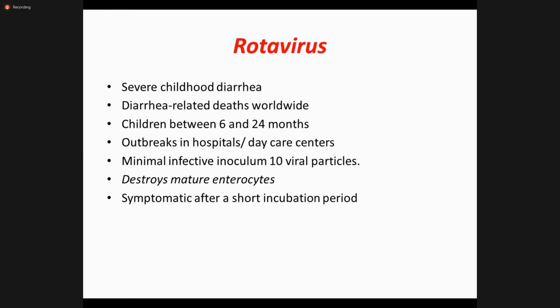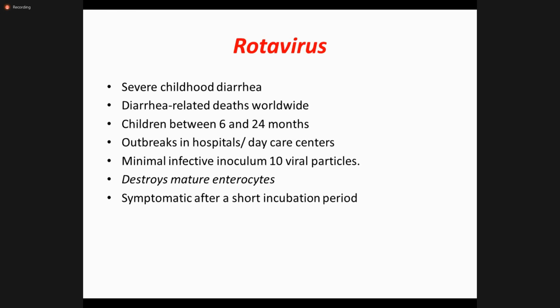It is associated with hospitalization. Those children who are hospitalized are more prone to develop this diarrhea. And one thing which was very amazing for me when I was preparing this lecture is that rotavirus is a pathogen of livestock as well. So it is not only causing infection in humans, but also in livestock.